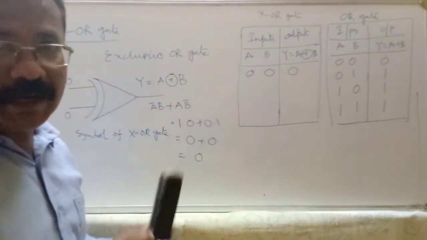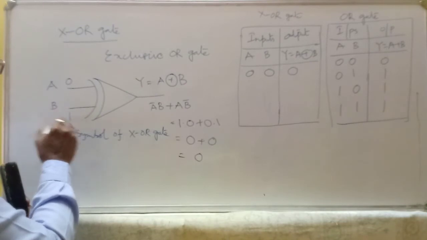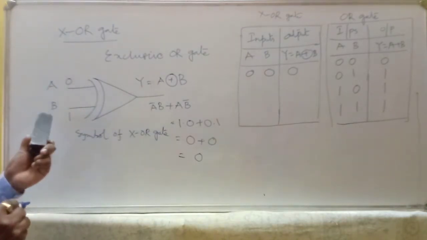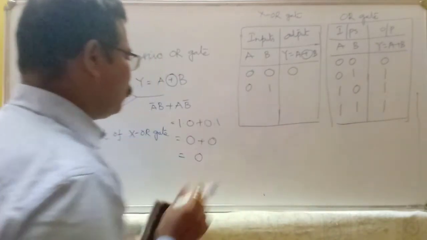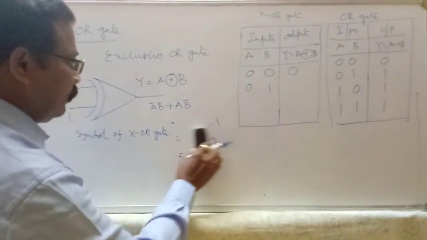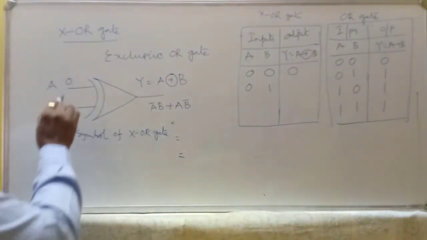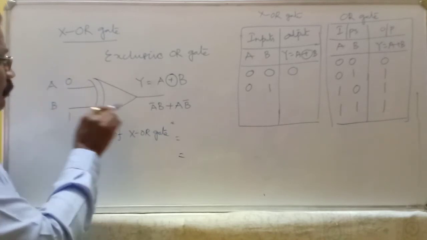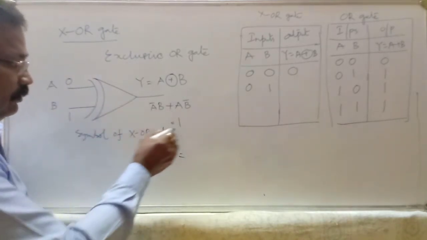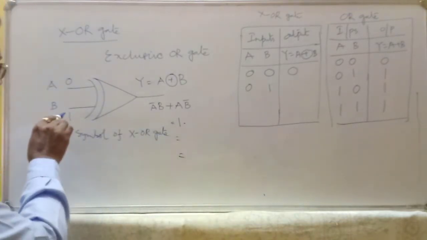Now, we are coming to the second case. Let the input A be 0 and B be 1. What happens here? A bar, here A is 0, and 0 bar means 1, into B, which is 1.